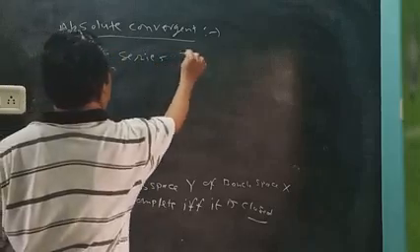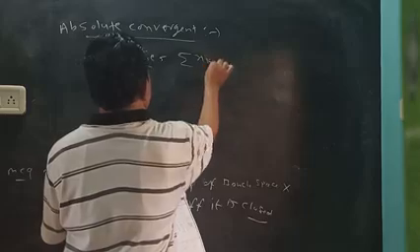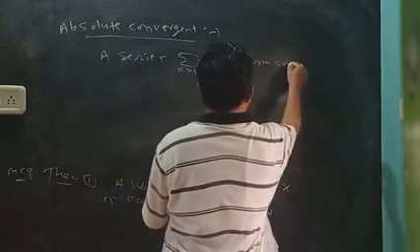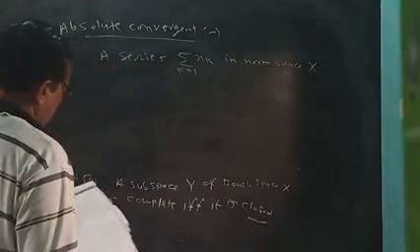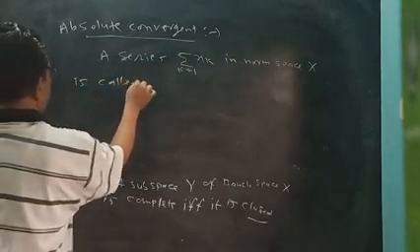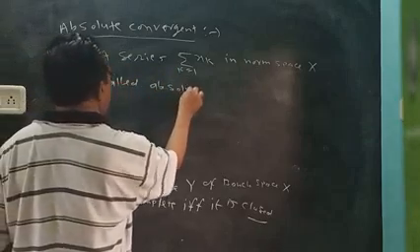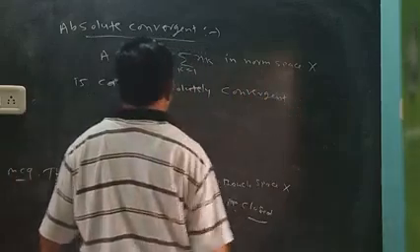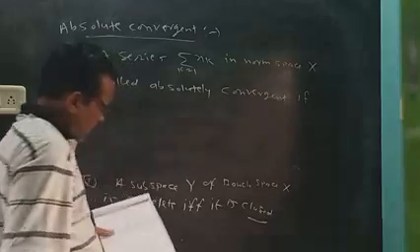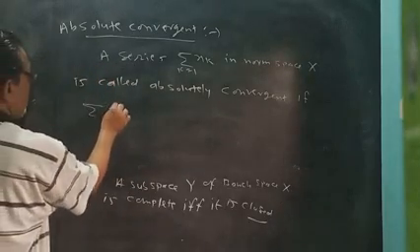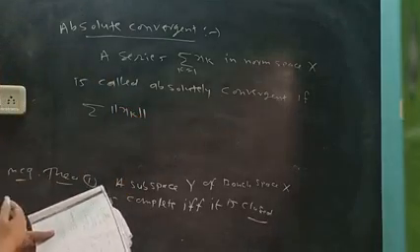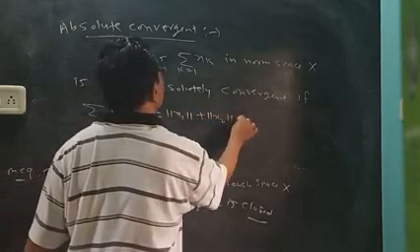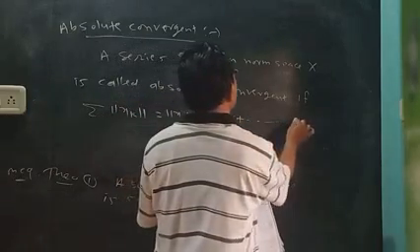A series summation of xk, from 1 to so many, in a metric space or normed linear space, is called absolutely convergent if the summation of norm of xk, which is norm of x1 plus norm of x2 and so on, must be less than infinity.